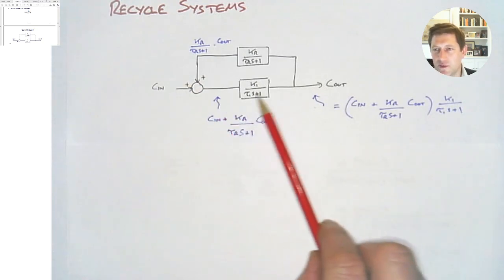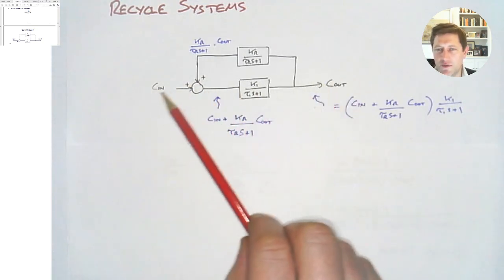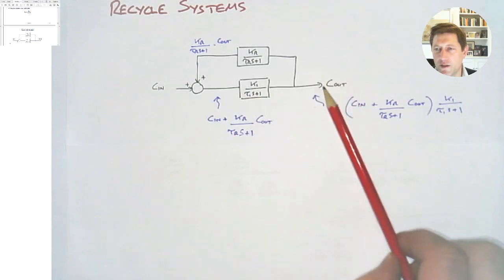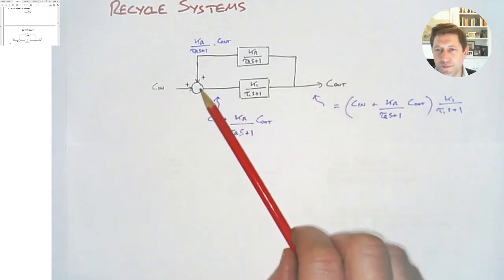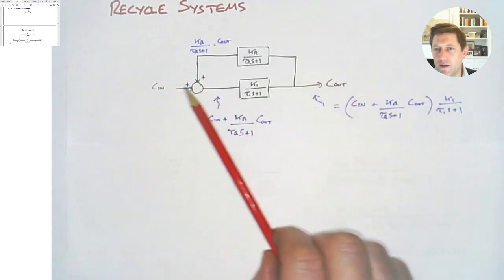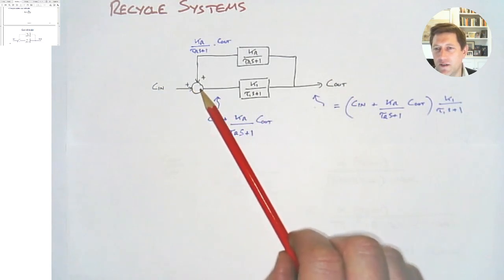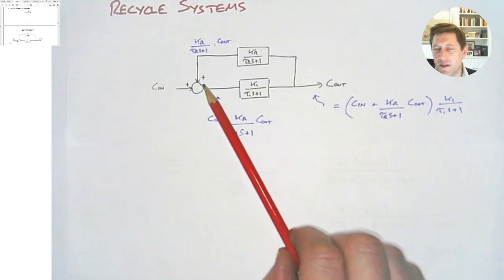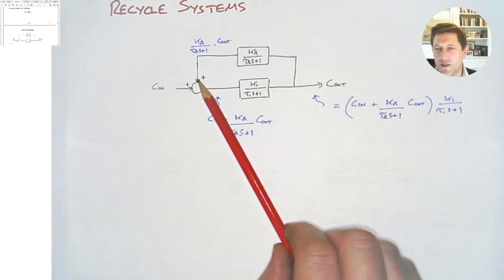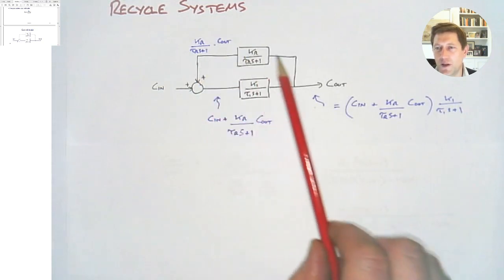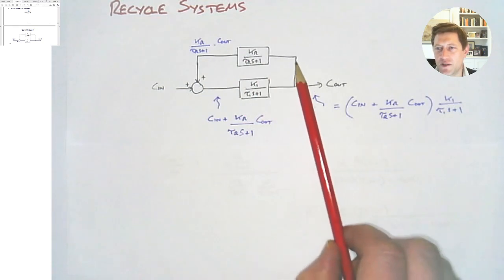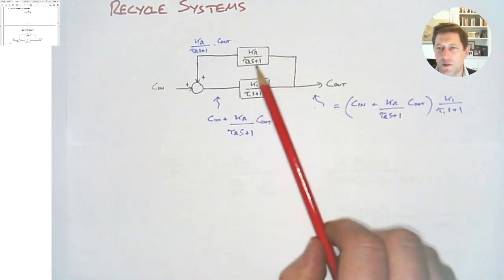In black is the process we had, so I've considered, for example, a concentration coming in, a concentration coming out. We have C in coming in, and then we're going to have this stream added to it. So what's this stream? Well, that's coming from C out, which has gone through this process.